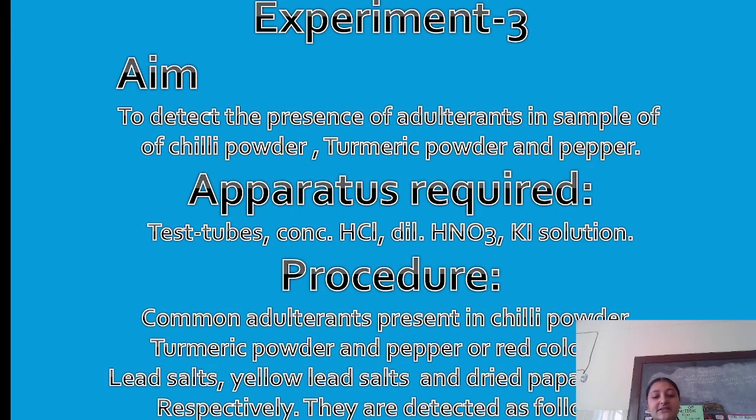Test tubes, concentrated HCl, dilute HNO3 and KI solution are the material required. Procedure: common adulterants present in chili powder, turmeric powder and pepper are red colored lead salts, yellow lead salts and dried papaya seeds respectively. They are detected as follows.